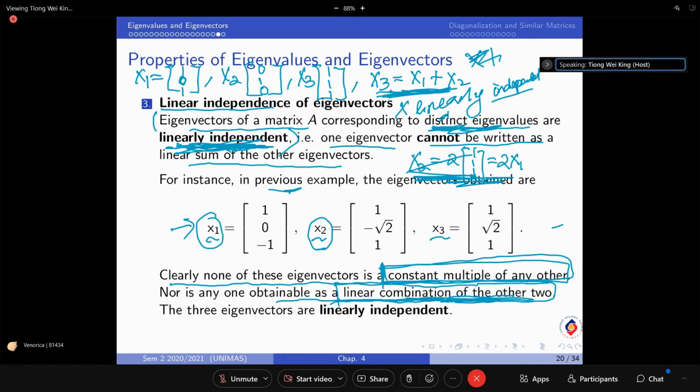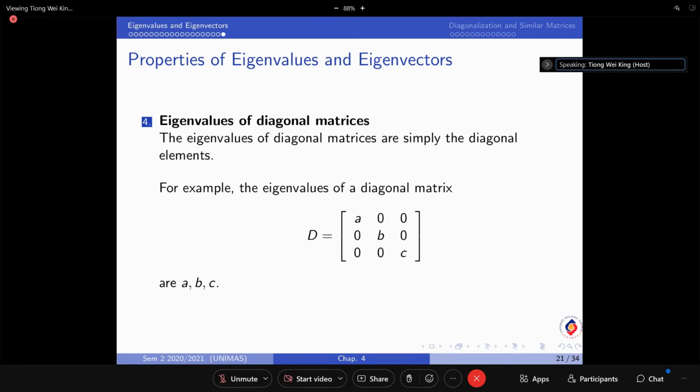So far okay? Okay. Now, that is the third property.